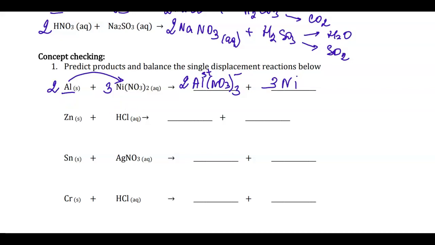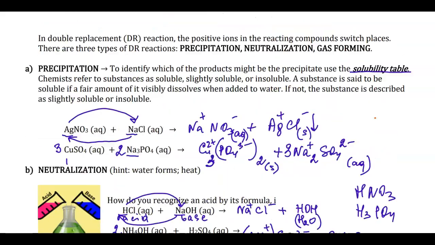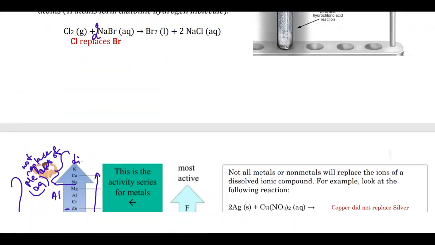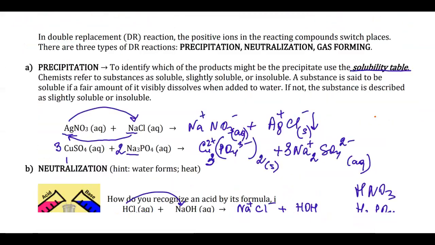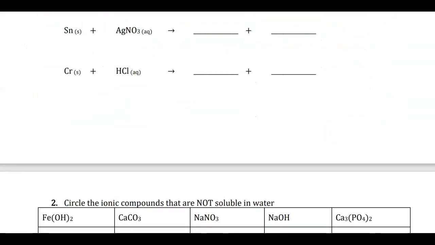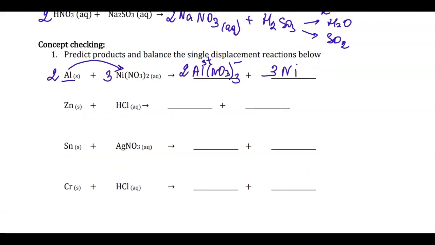Okay, let's do another one. Zinc and HCl, so hydrochloric acid and zinc. Zinc is the metal, and hydrochloric acid reacts with metals if they are upper than hydrogen. So zinc is upper than hydrogen. That means that it can replace, it can substitute hydrogen.